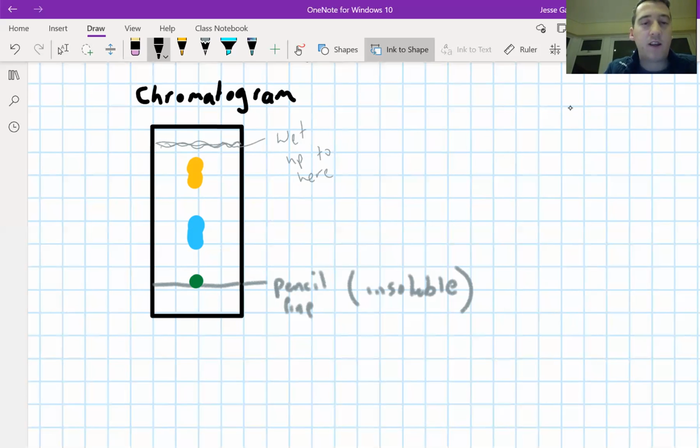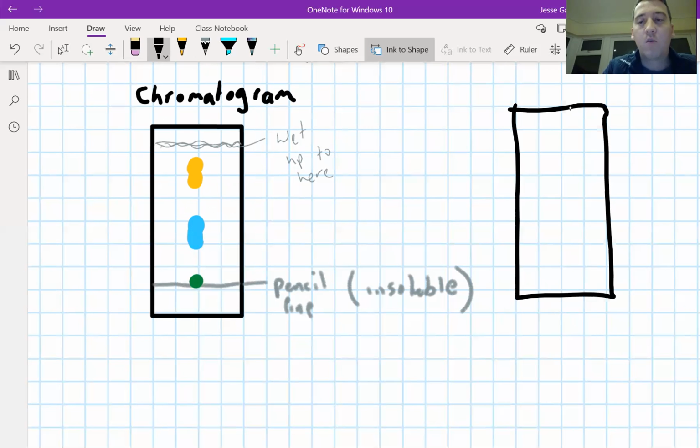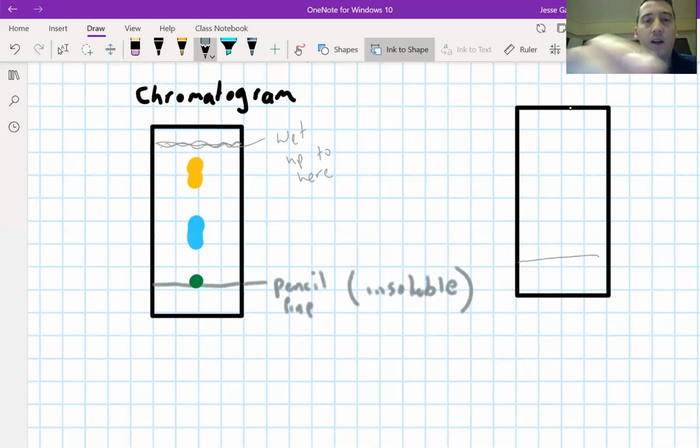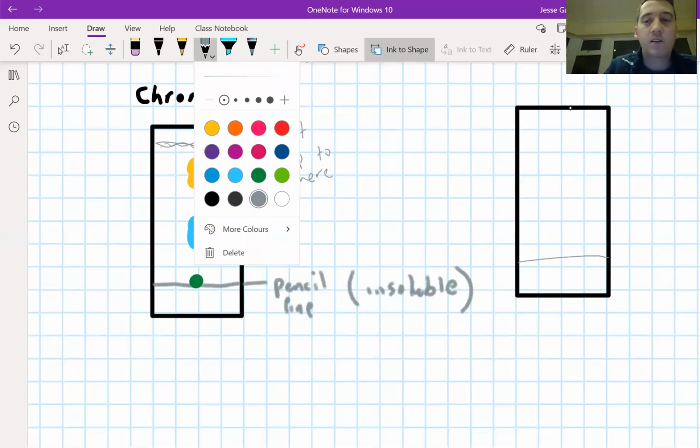Another thing to point out is that sometimes we don't only have to put one ink spot on our chromatography paper. We can have our pencil line at the start, and we could put 3 ink spots and compare them. So I could put a red ink spot here.